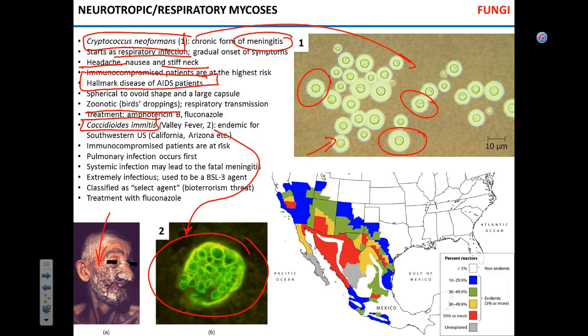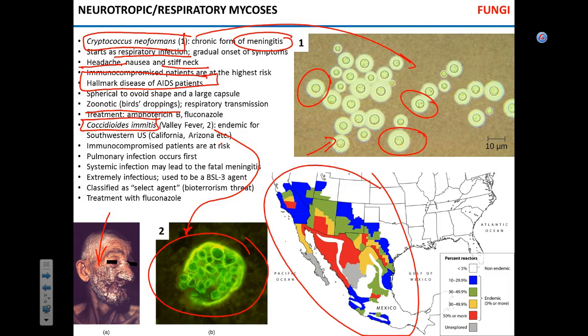This is the cutaneous manifestations, but I want to highlight again, it can manifest itself in the skin. But here we're focusing on something more serious. Coccidioides can cause neurotropic disease, and meningitis, if untreated, is fatal, 100%.